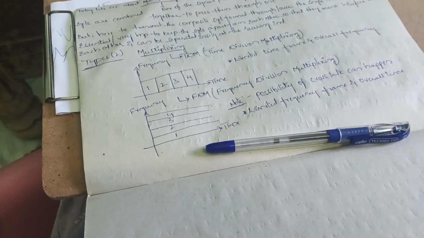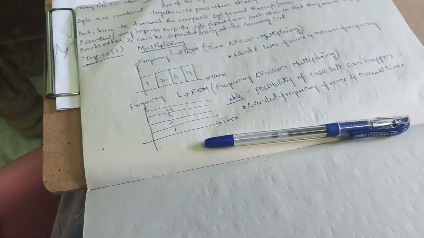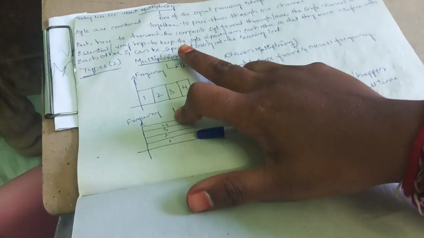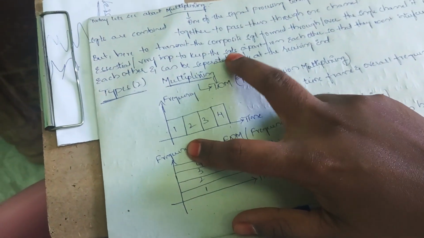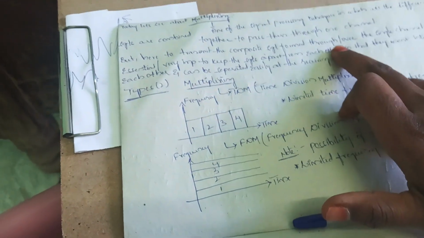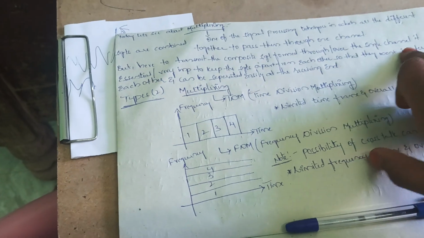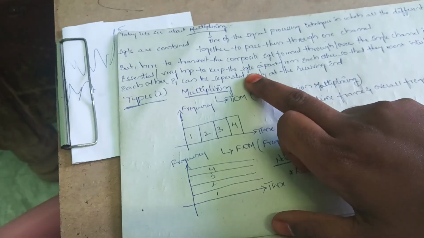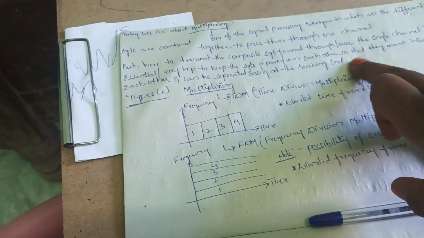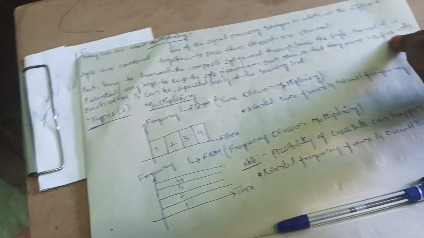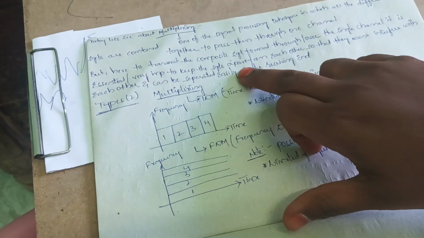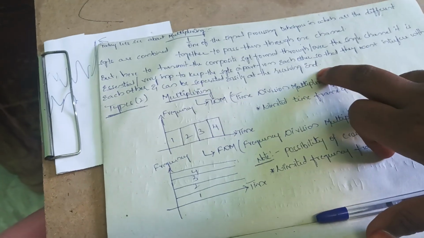So we keep the signals apart so that they won't mix at the receiver end. To transfer the composite signal formed over the single channel, it is very important to keep the signals apart so that they won't interfere with each other and can be separated easily at the receiving end, right?